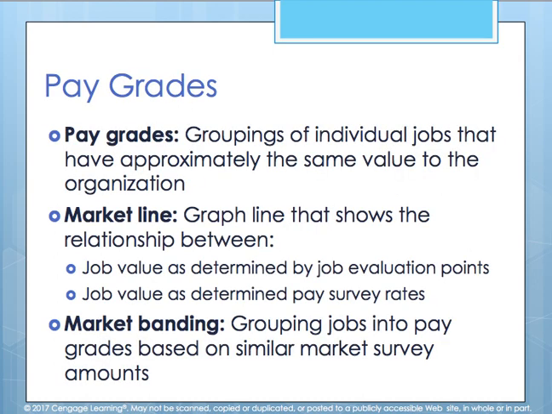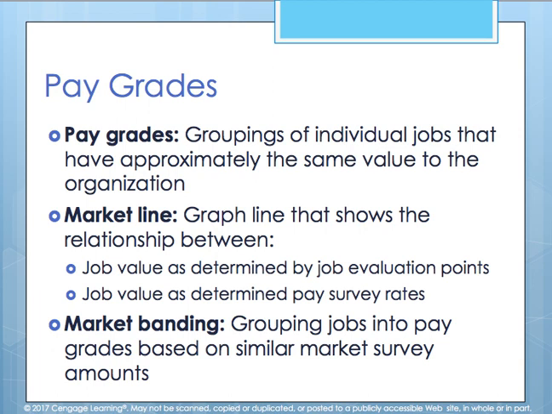Now, pay grades. We have individual jobs that are grouped together that have approximately the same value to the organization. And it's based on how the organization places that value. And there is a graph line that shows the relationship between the value as determined by job evaluation points and then as it's determined by the pay survey rates, and that's called the market line.